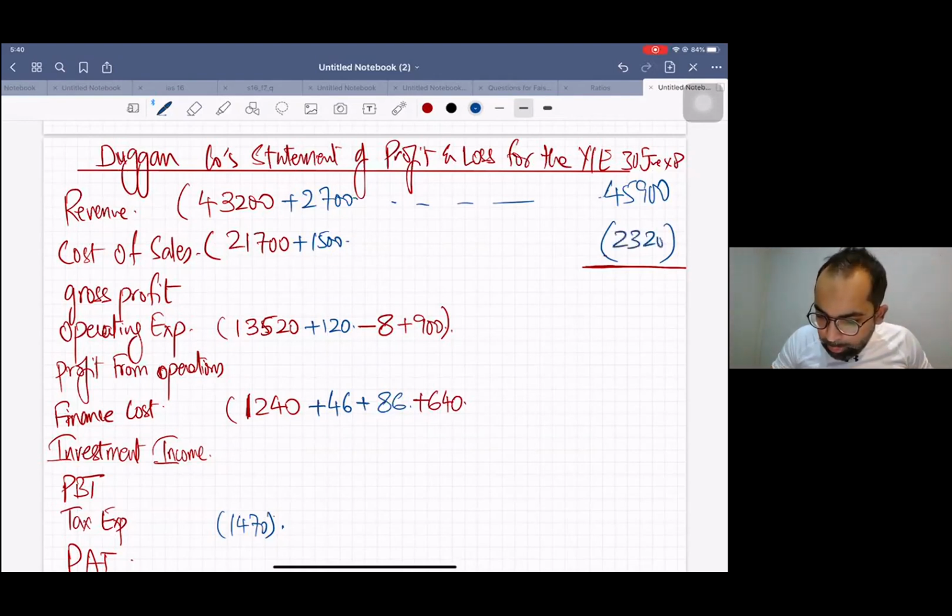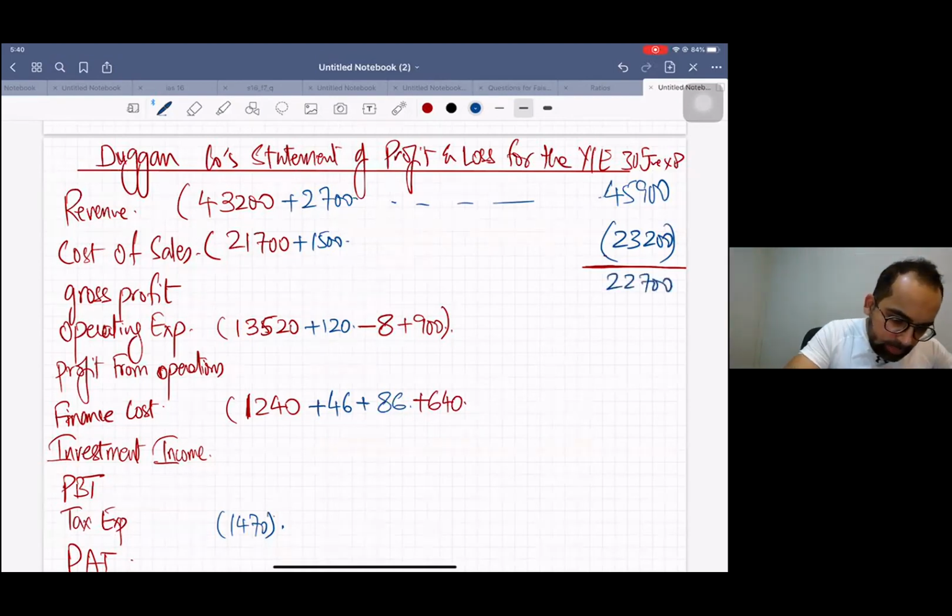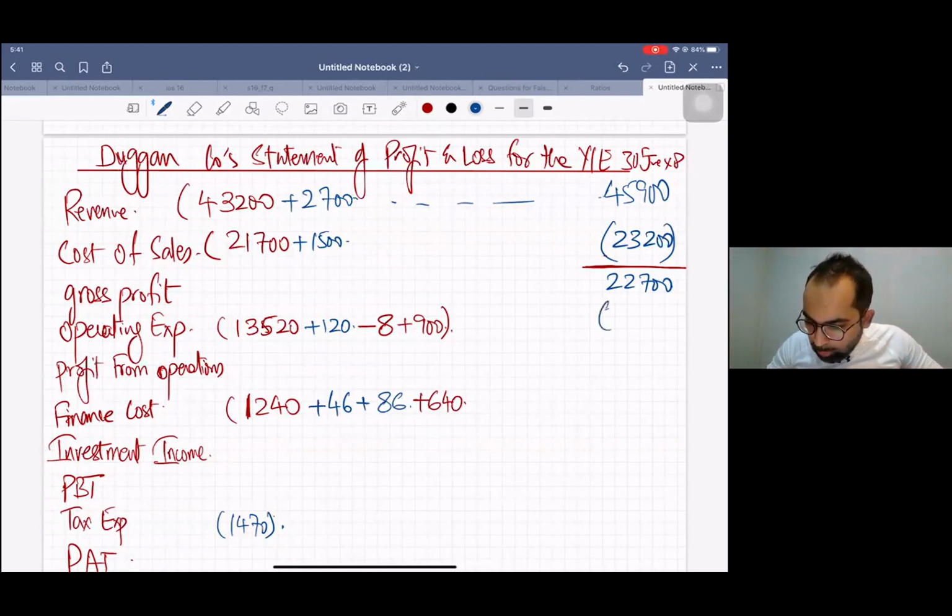You also recheck. Now the GP is 22,700. Now let's do operating expenses: 13,520 plus 120 minus 8 plus 900. This is 14,532, the operating expenses.